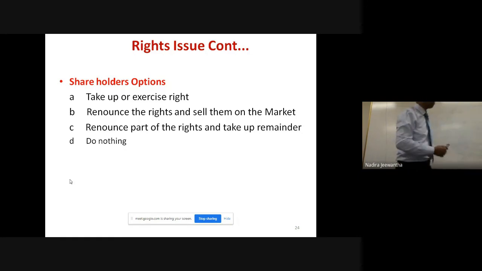Say this is the number of shares, 100 shares. So I'm holding 20% of this. Here, 20% again. I'm holding 20% of this particular company.